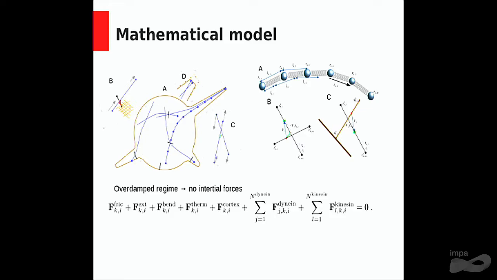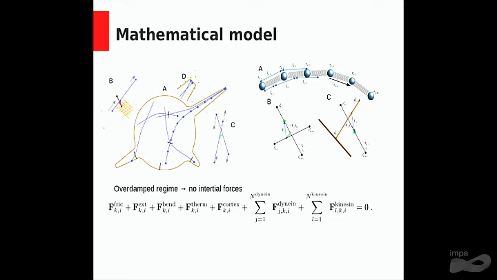Let me just briefly go over the forces that are taken into account. So as always in cell biology, things are set in the overdamped regime, so I neglect inertial forces. I take into account friction with the cytoplasm. Then this is to guarantee that the distance between the nodes corresponds to a prescribed value here.